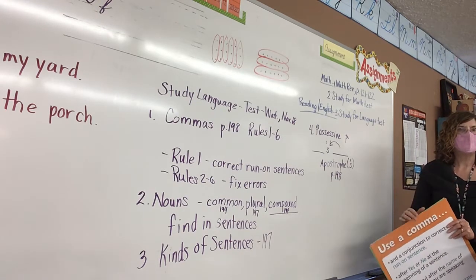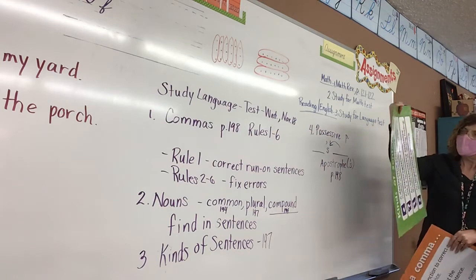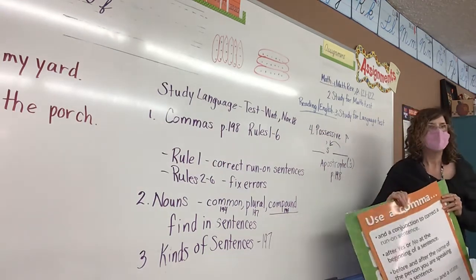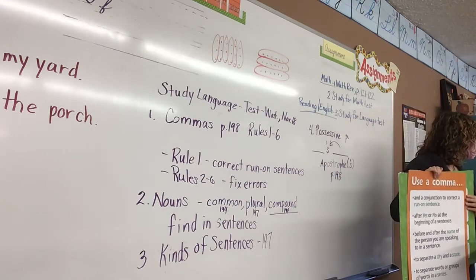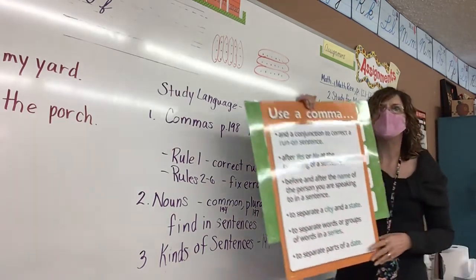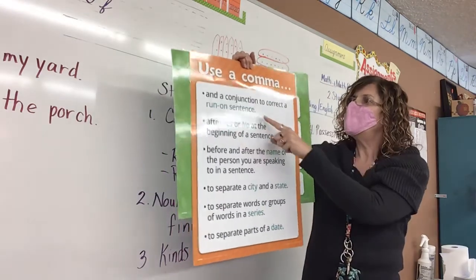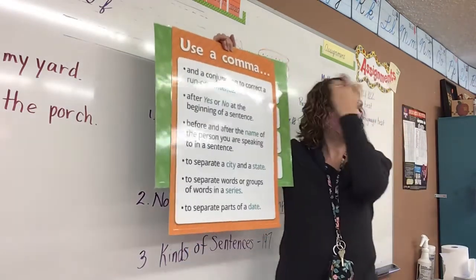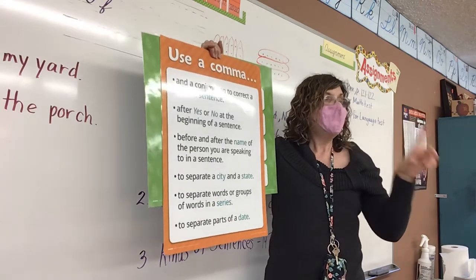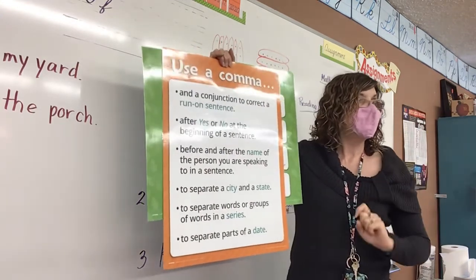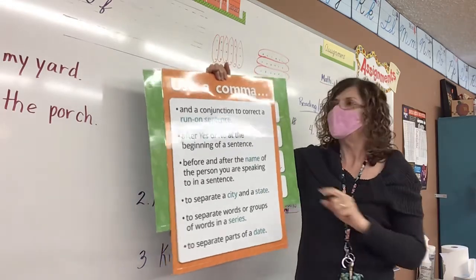That's all we're gonna do here. Okay? So let's start with commas first. Alright, so again, stop writing. I'll make sure everybody has it done. Also have it on paper today, so you get to practice it.